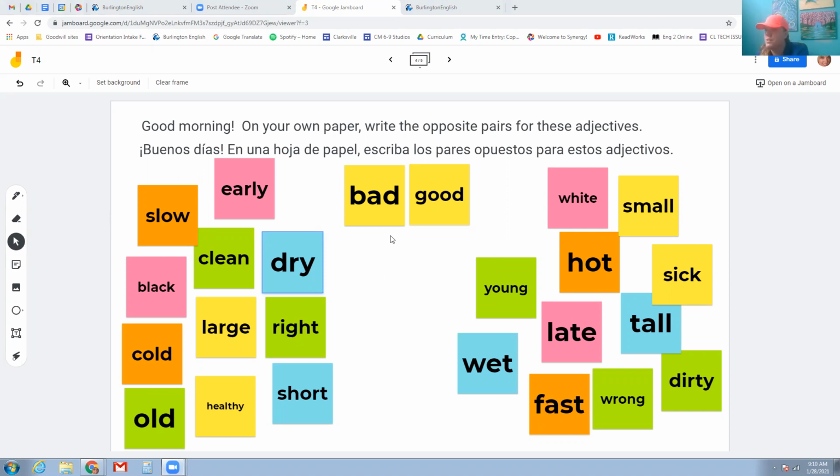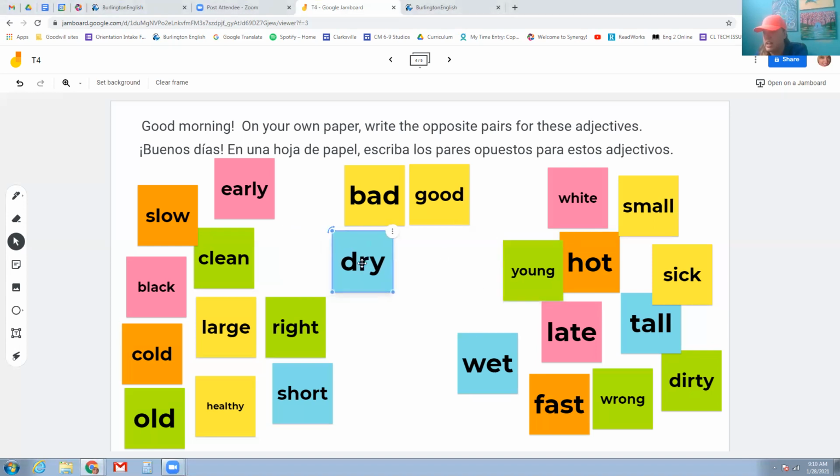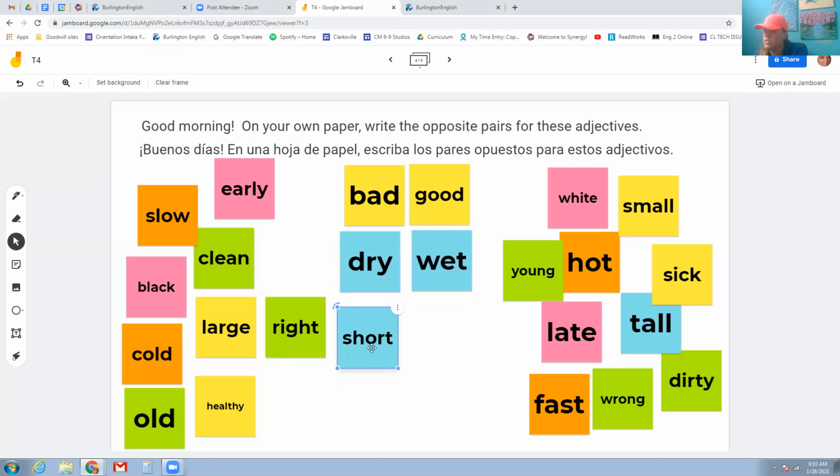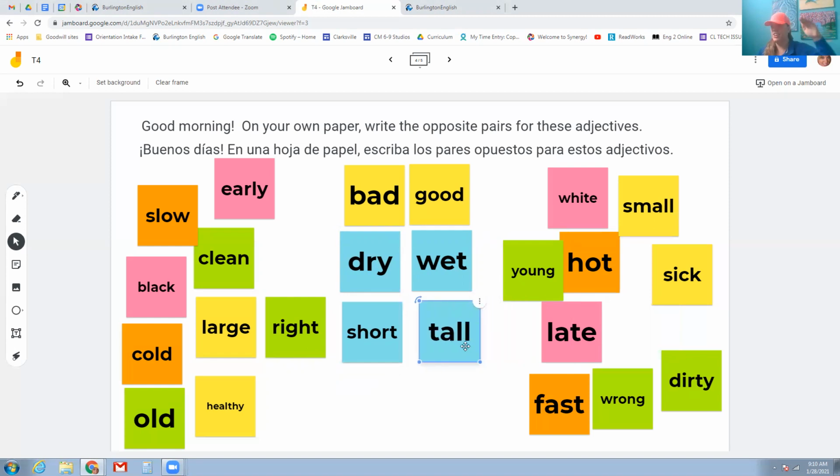So for example, bad, good. These are opposites. So let's see what other ones we can find. Let's go with dry. Dry, seca. That's right, wet. Short, corto, and tall.